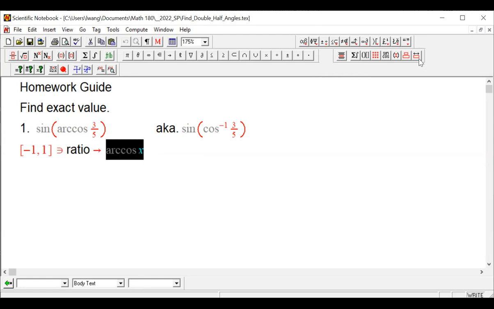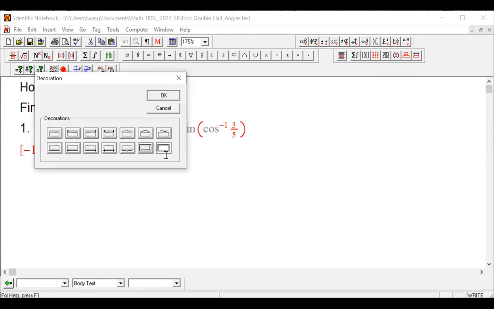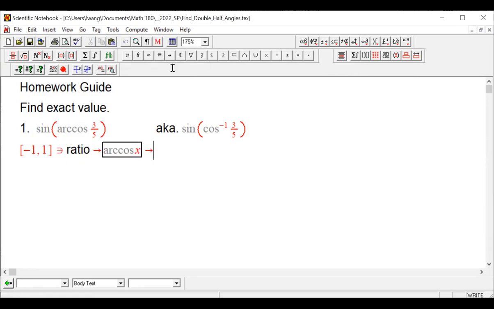And after the application of the function, the range is going to be angles that are in 0 to pi, okay? And of course, in this case, it's not a special angle, right? We're going to go straight to ARD.